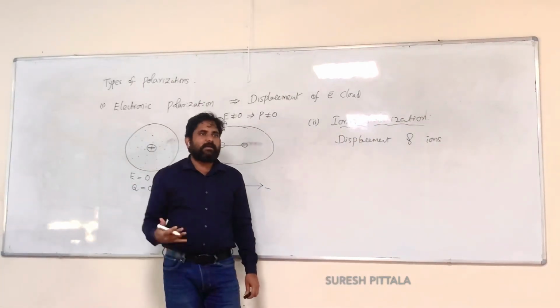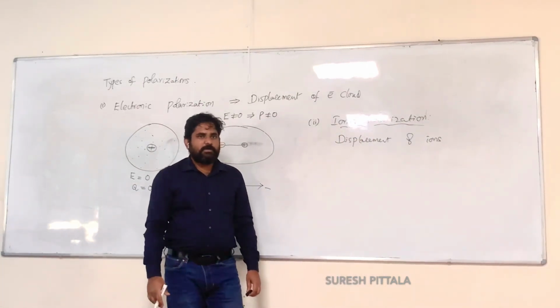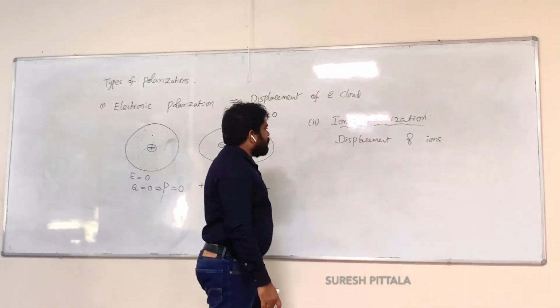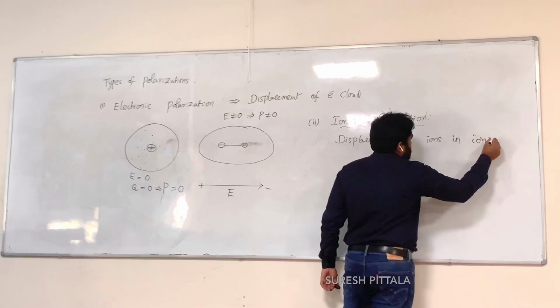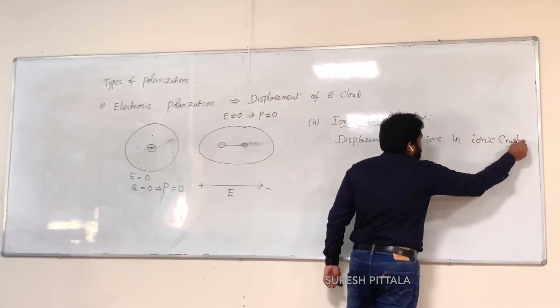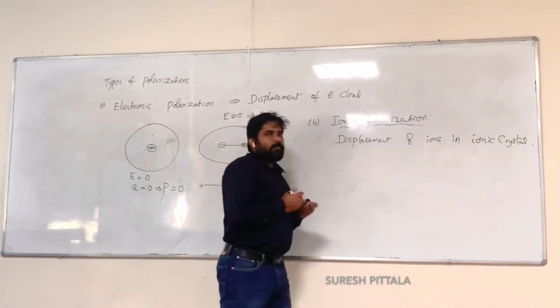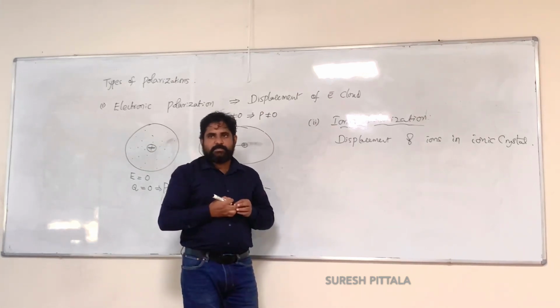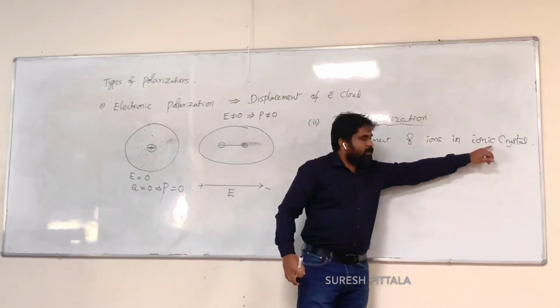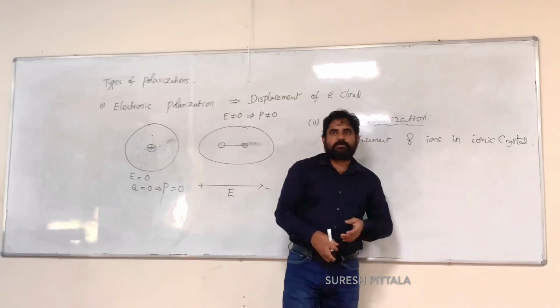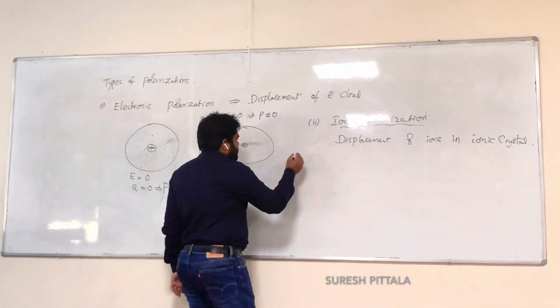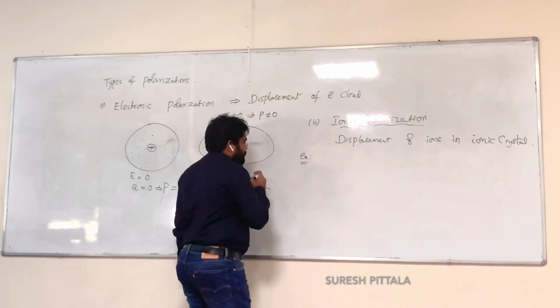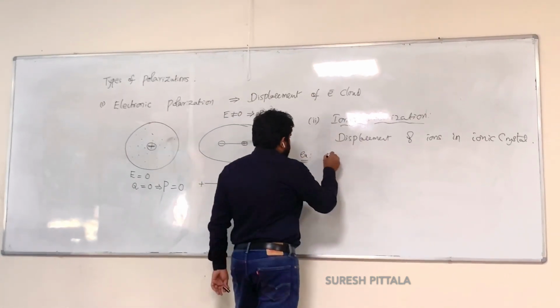Ions in a given dielectric material or in a given ionic crystal. In ionic crystal. Only prerequisite is you need to start with ionic crystal. Your system should have ions, otherwise ionic polarization will not happen. Right? So best example is, let us take example NaCl.